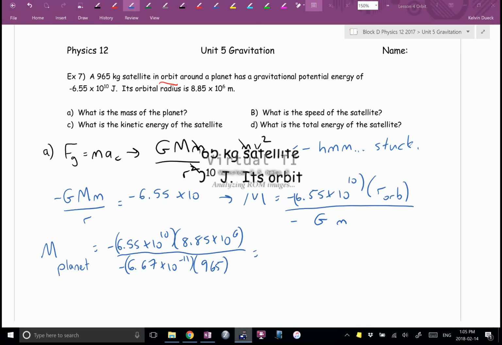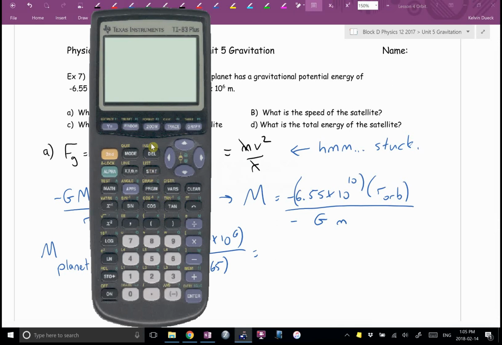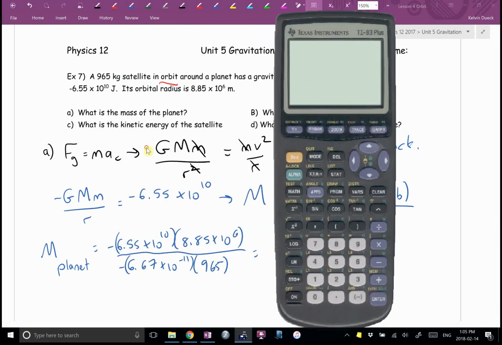This is definitely a job for a calculator. We're well beyond my I-can-do-this-in-my-head stage. Is it a negative divided by a negative? So, are you positive? I'm not even going to bother typing in the negatives.